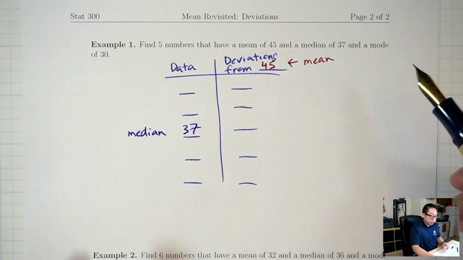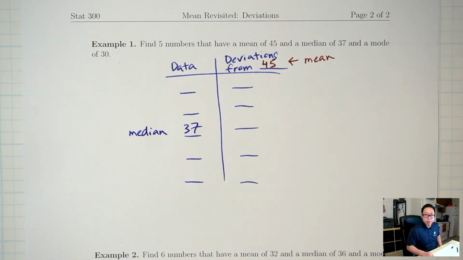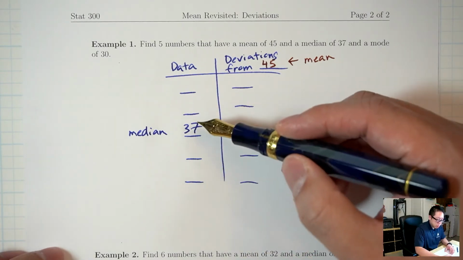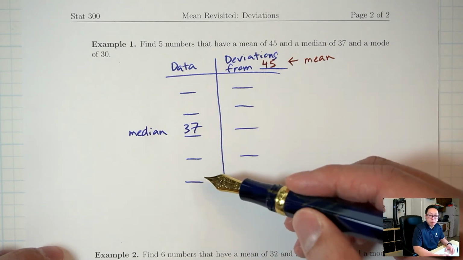And I want a mode of 30. The mode, remember, is the number that occurs most frequently. So I need 30 to happen most frequently, which means I need at least 2 30s. The way I'm going to organize my table is my low numbers will be up top and my bigger numbers at the bottom.